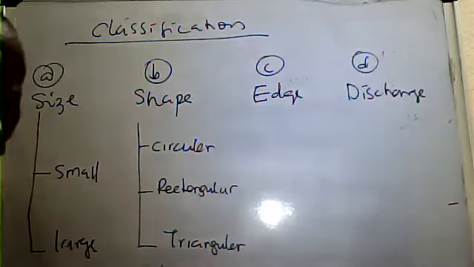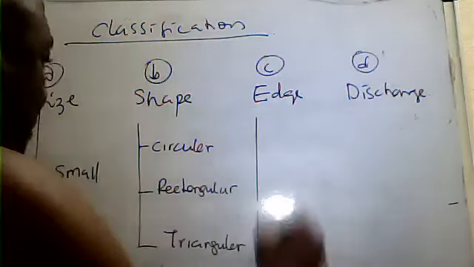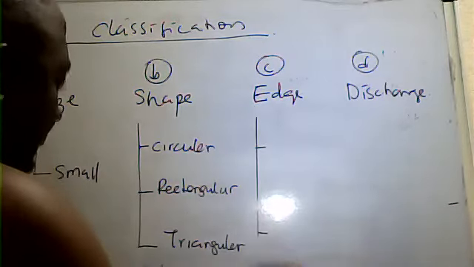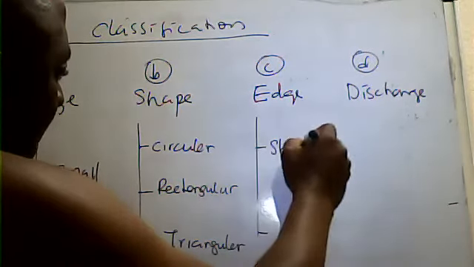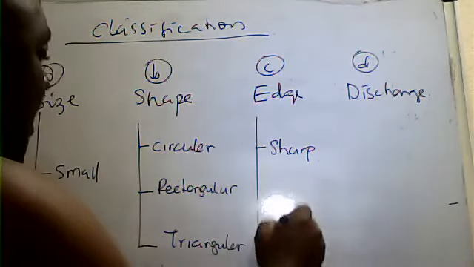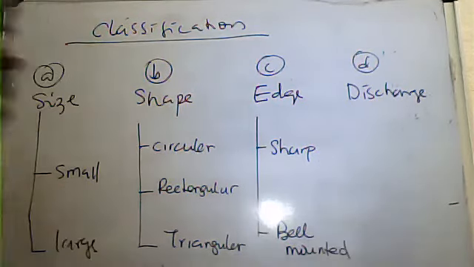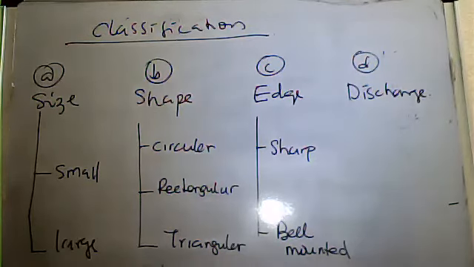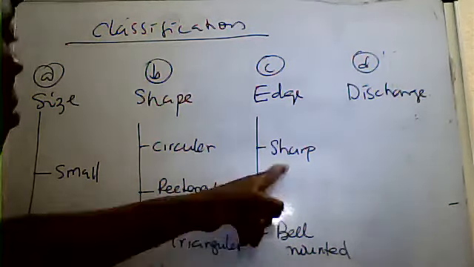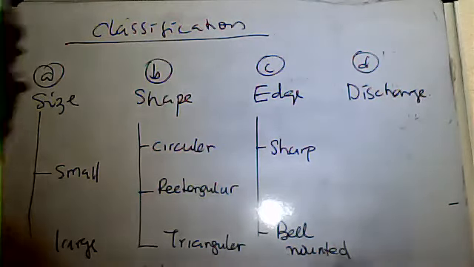And depending on the shape, again, the formula is different. Then on the edge, two descriptions are available due to age. Is it sharp or bell mounted? This will only determine the coefficient of discharge. Okay?